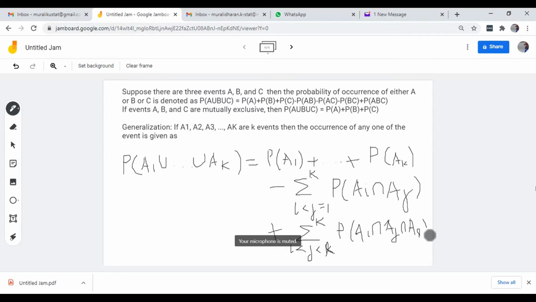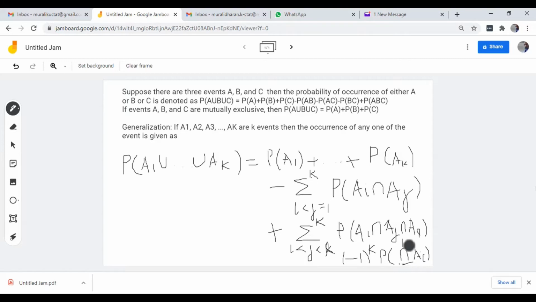Like you will have four events intersection, etc. I don't want to write it now. If you go on writing this way, you have plus, minus, etc. Finally you have the last term. How is it going to be? Minus 1 raised to k, depending on the number of events, into probability of A1 intersection A2 intersection etc. Last, I will put everything in symbol notation: intersection of all the terms AI where i is running from 1 to k.